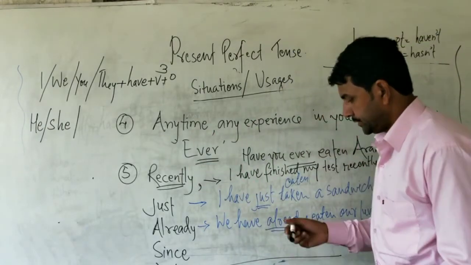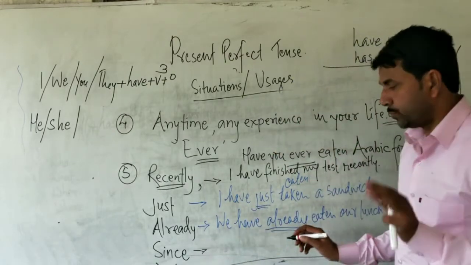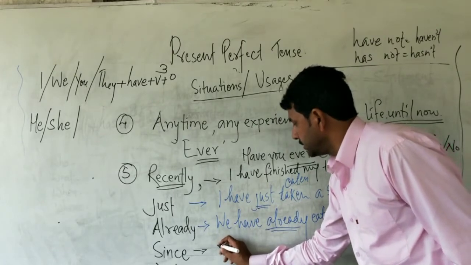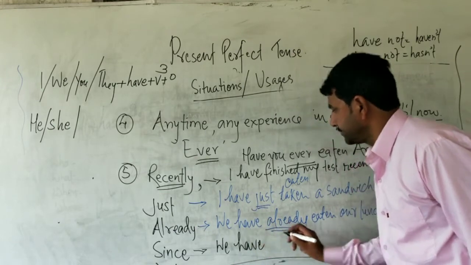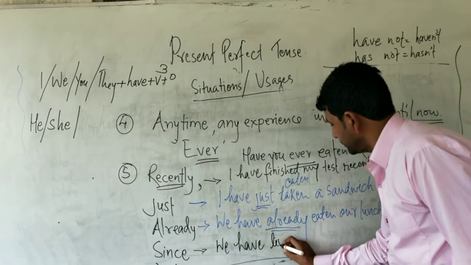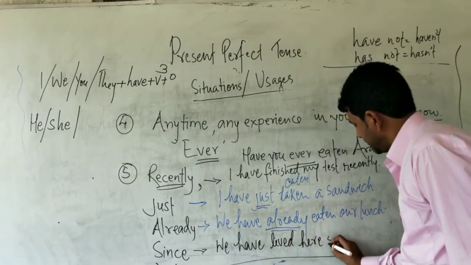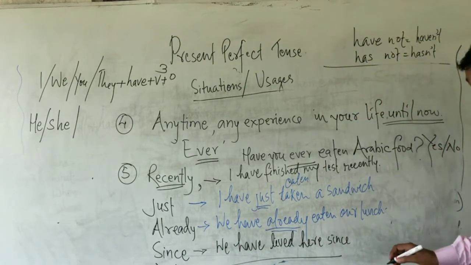Let us see since. This is used for a point of time. For example, we have lived here since our childhood.